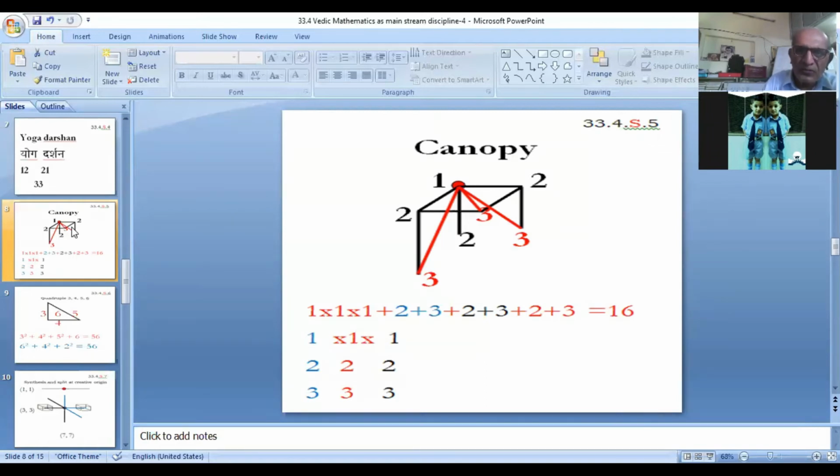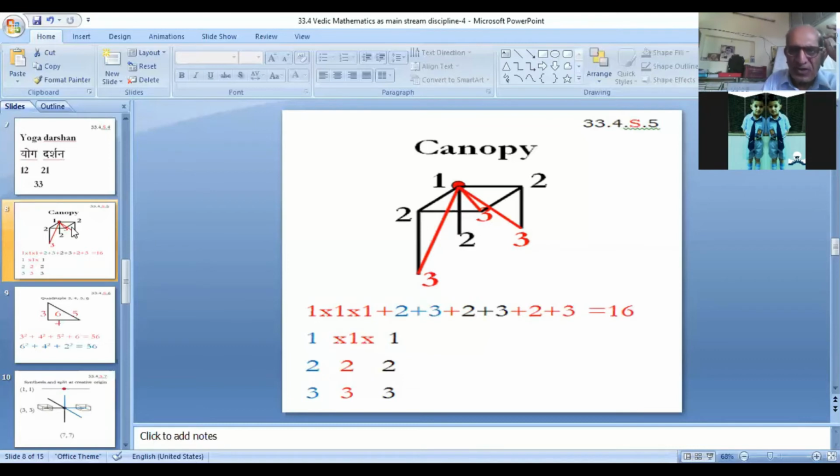Now the flow from the corner point towards the second end points of the axis as edges will be of value 2 each, and then the flow along the diagonal of each of these three surfaces will take us to value 3.